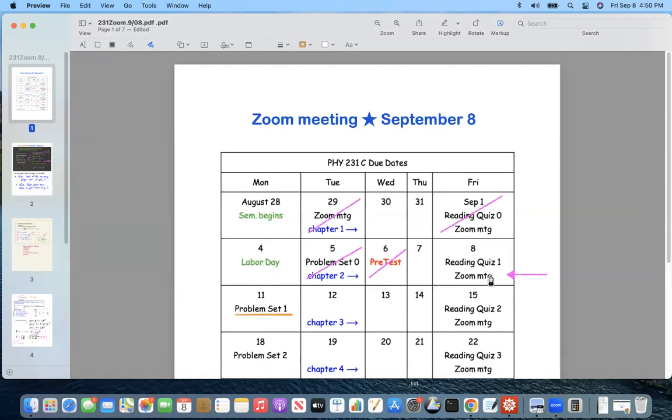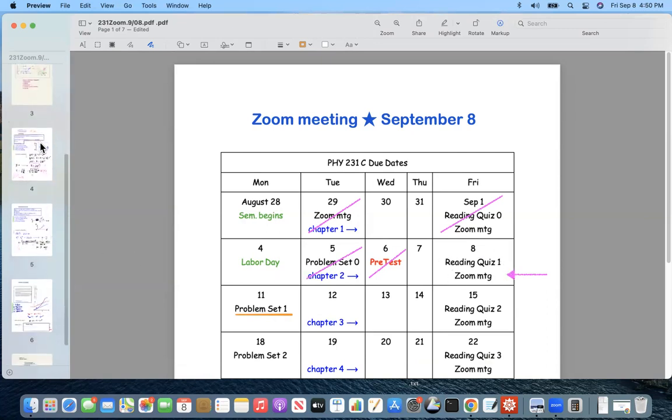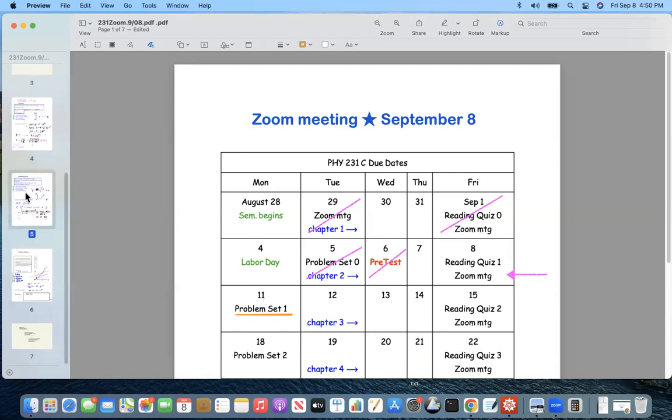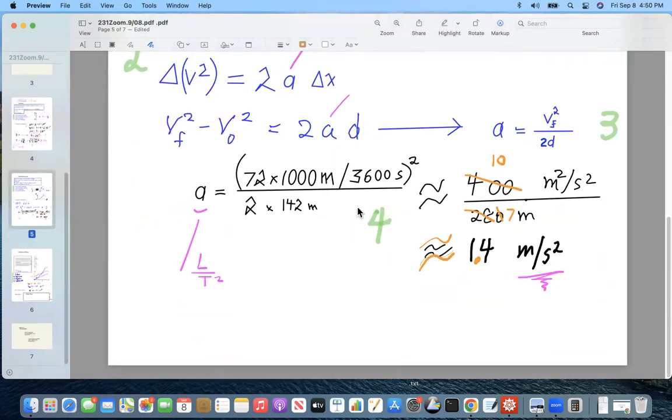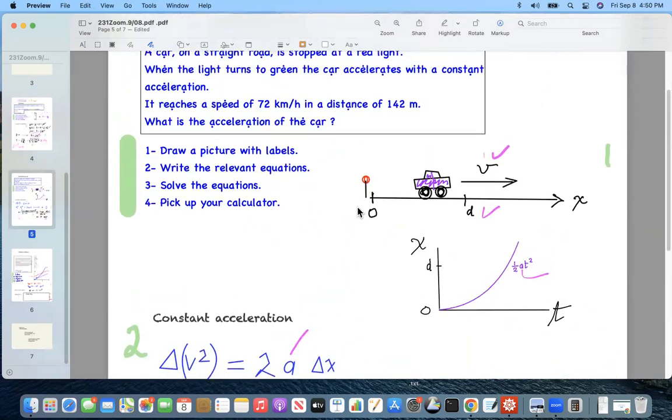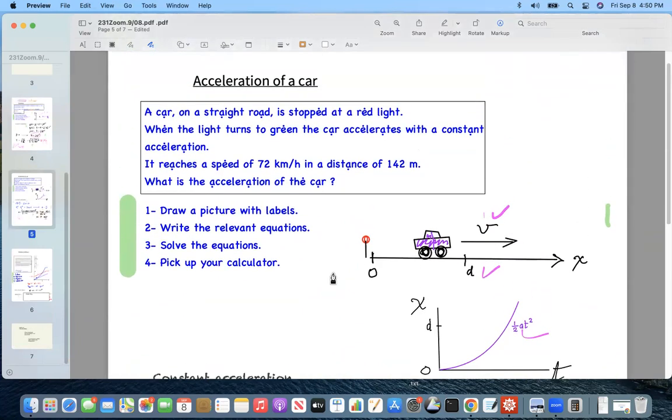We're here on the 8th. Problem set is due on the 11th. The quiz is already due. Well, it's due at the end of tonight. The quiz questions are different than the problem set questions. The problem set questions are usually numerical problems like this. Quiz questions are usually just multiple choice questions.